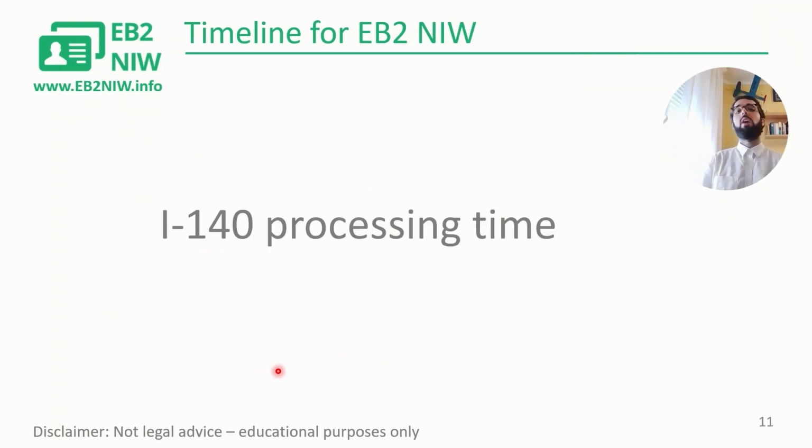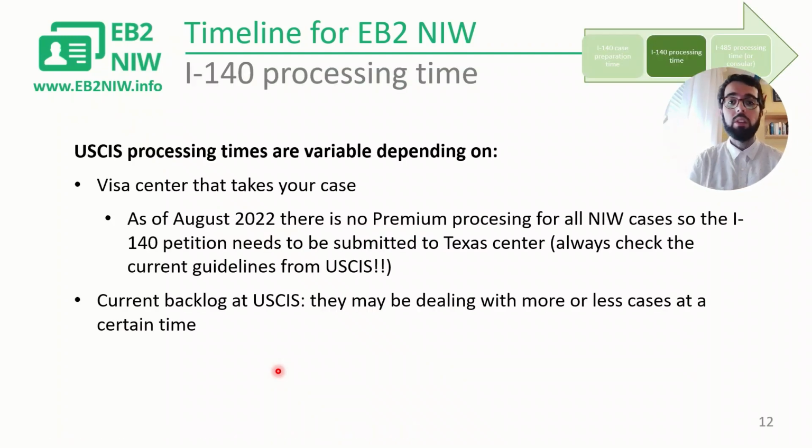All right, so now that you put together the case, you submit it, and then you have to wait until the USCIS gives you an answer. So the processing times really vary depending on what service center takes your case, and what is the current backlog or the current workload that the USCIS has.